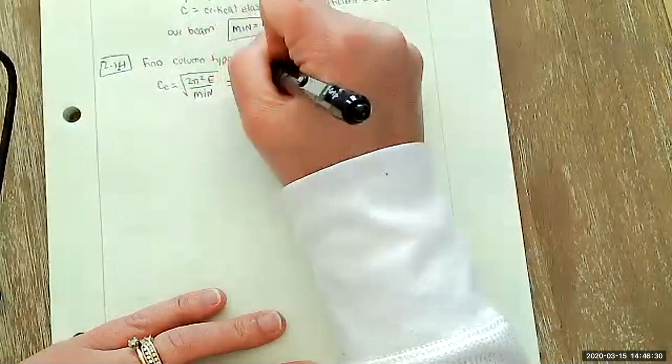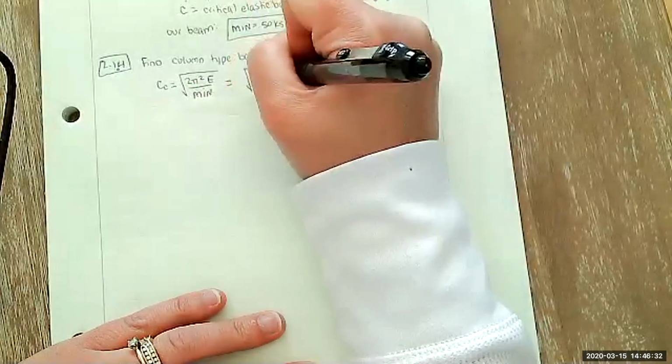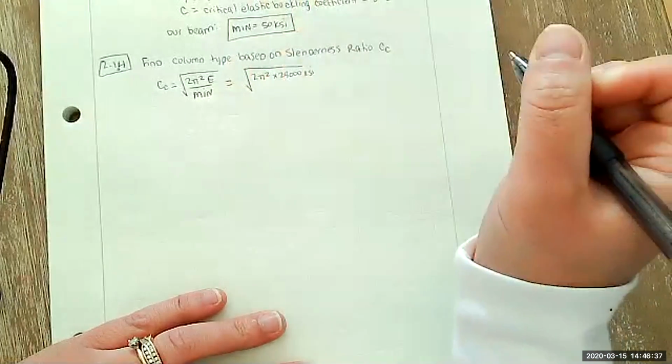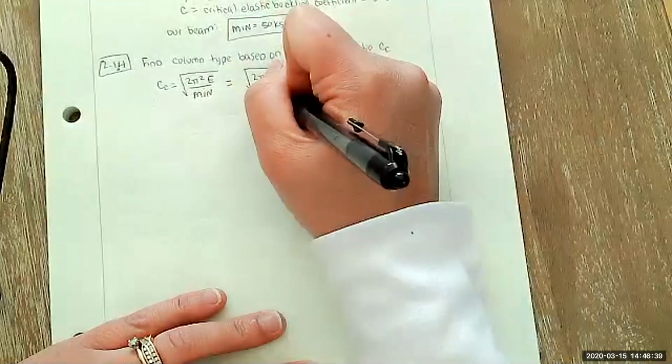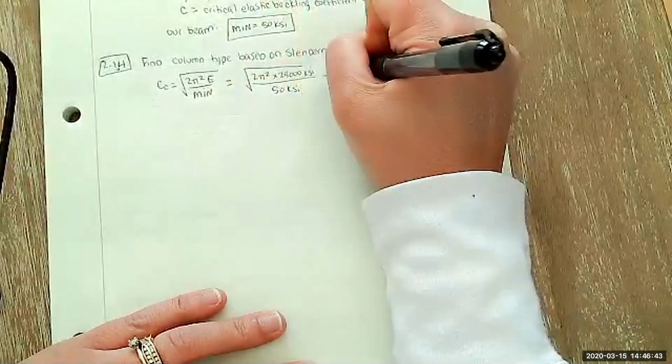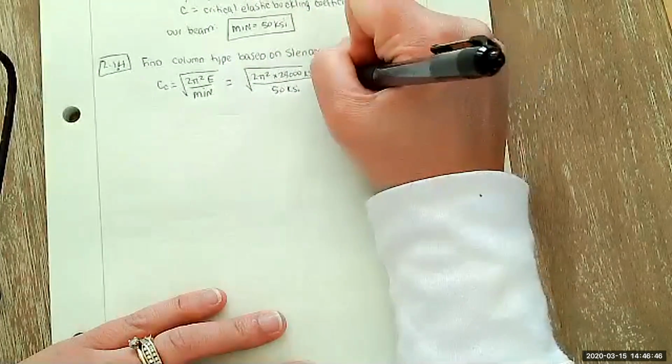Plugging in values, we have 2 pi squared times 29,000 KSI divided by 50 KSI. And so we get C sub C is equal to 107.